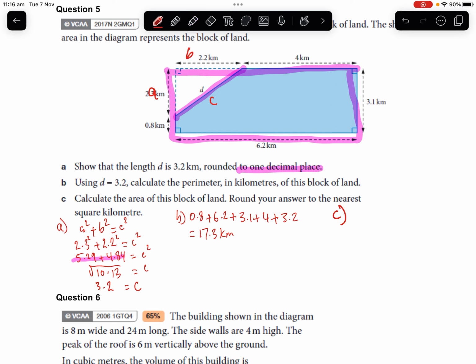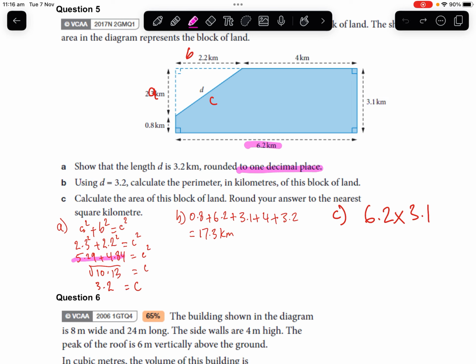Let's find the area of the rectangle first: 6.2 times 3.1, length times width, is 19.22.